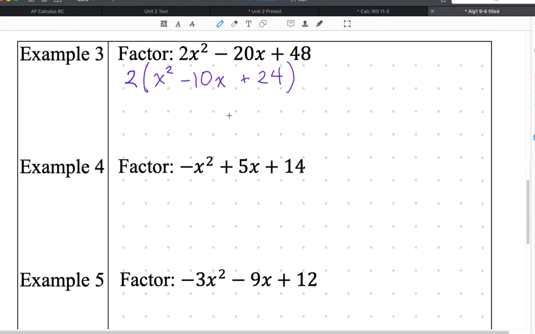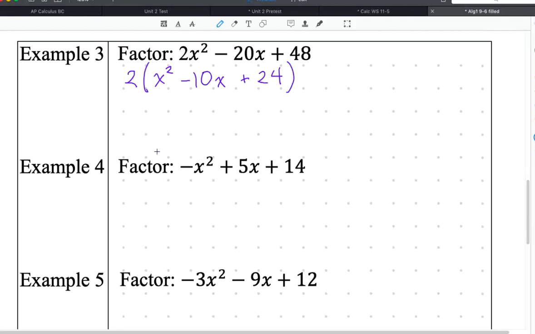Mr. Sindel, can you explain to me how they got negative 10 and 24? Do you understand why 2 is the greatest common factor of these 3 terms? I understand how you got x squared, but not 10 or 24. Can you explain how we got x squared?